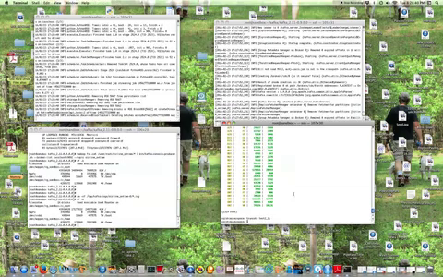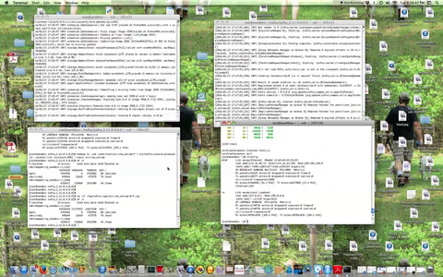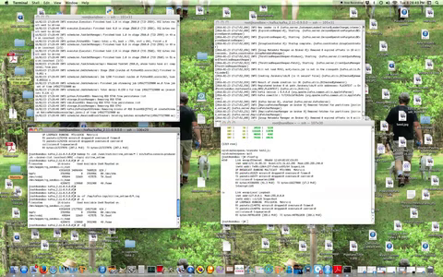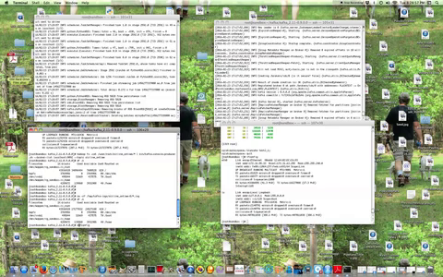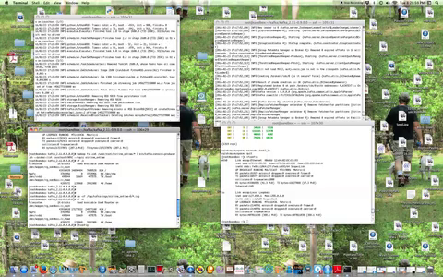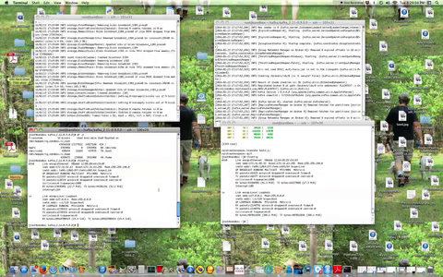Okay, so this is showing the Cassandra node, and this is the Spark node. They are indeed on different machines, with different IP addresses.